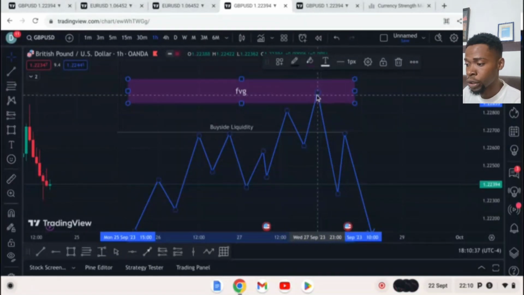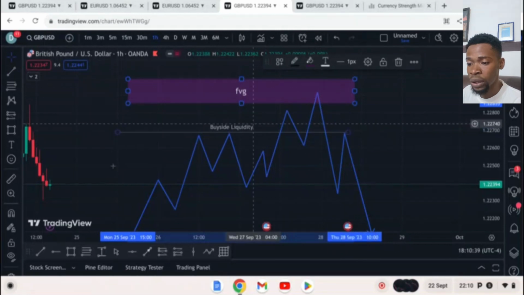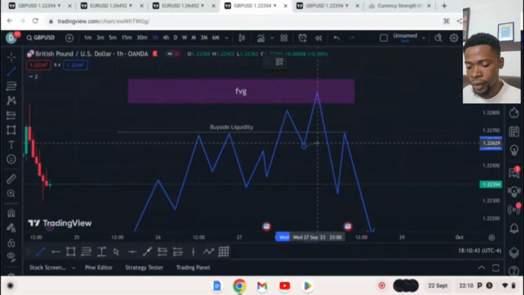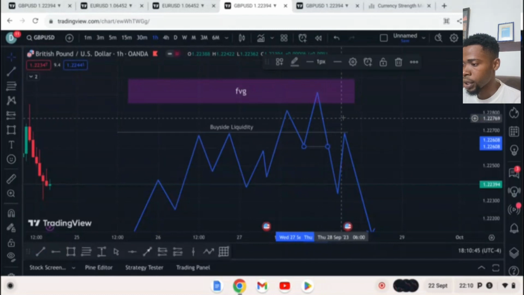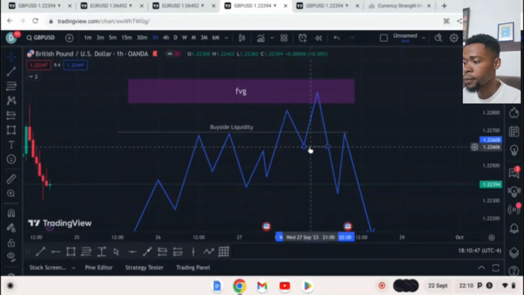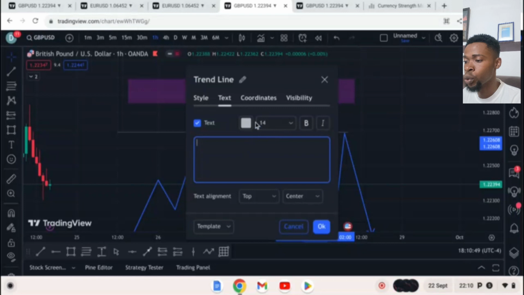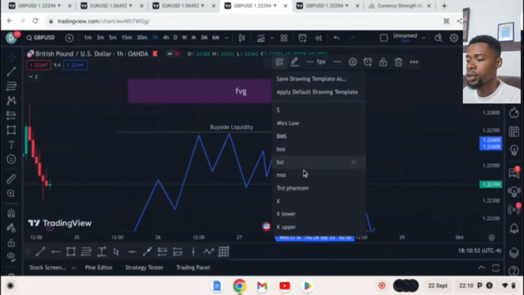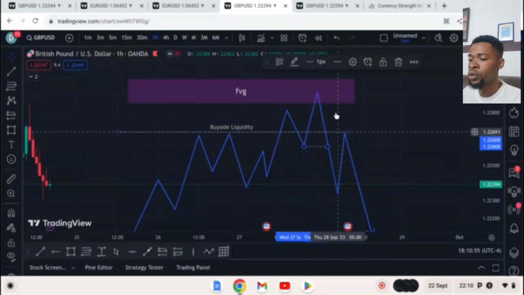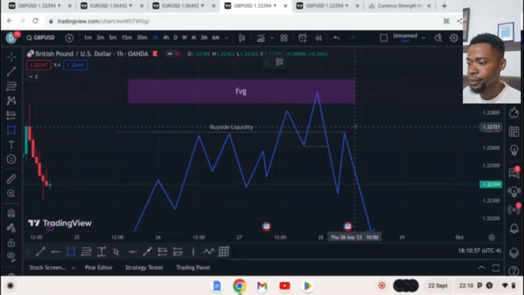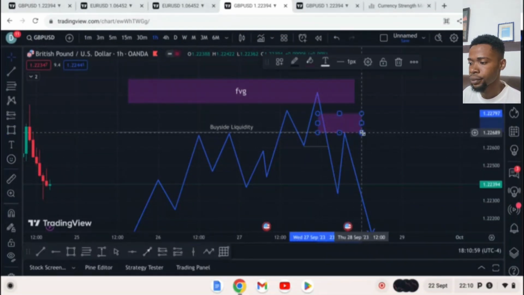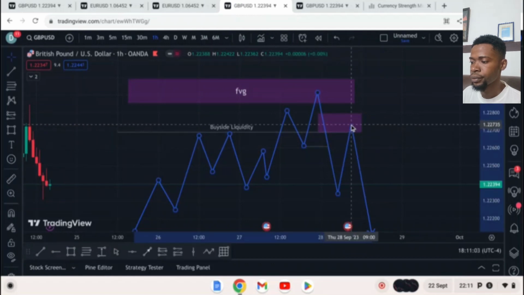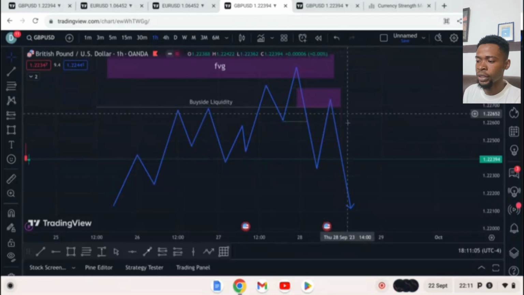After tapping into it, you wait for a market structure shift here. After this market structure shift happens, that's when you look for your fair value gap, before you place your trade to the downside.